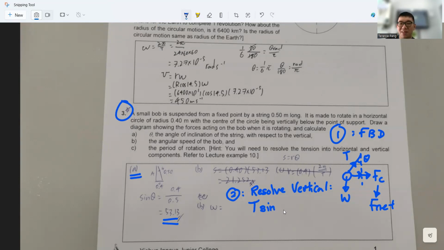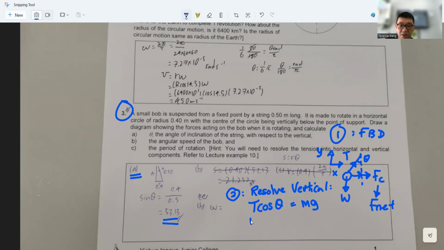You might want to check that again. T sine or T cosine? Vertical is in this direction, so T cosine. So T cosine theta, where Y is the vertical direction. T cosine theta equals mg.